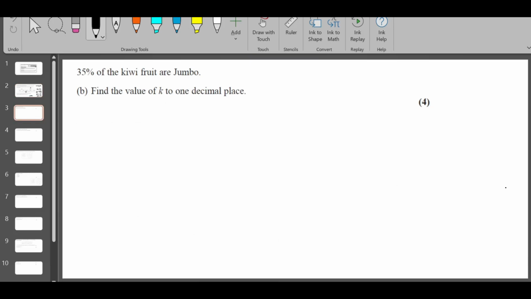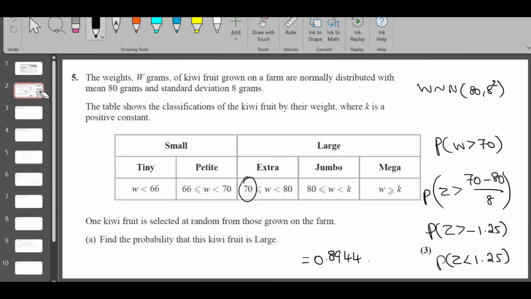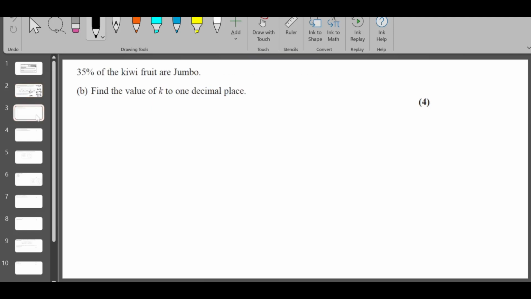35% of the kiwi fruit are jumbo. Okay, let's look at the table. Jumbo means if it's between 80 to K, that's considered jumbo, right? So the question says 35% of the kiwi fruit are jumbo. I'm gonna just draw a bell curve here. We know the mean is 80. So this is 80.